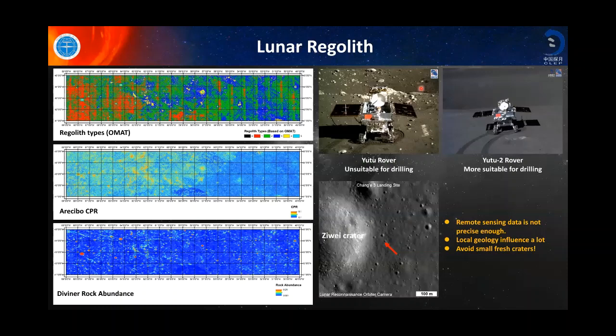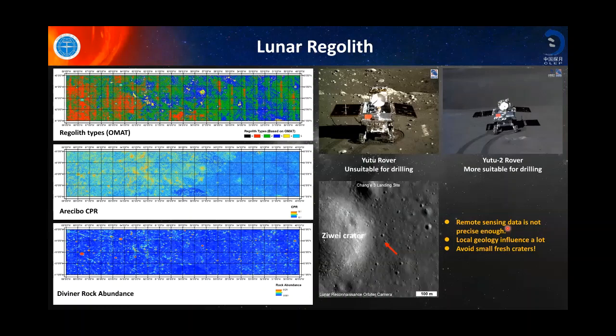That is because Chang'e-3 landed on the ejecta of a fresh crater, so it exhibits lots of rocks. So we need to be very careful, and I suggest that we avoid small fresh craters, and I know this is very hard.